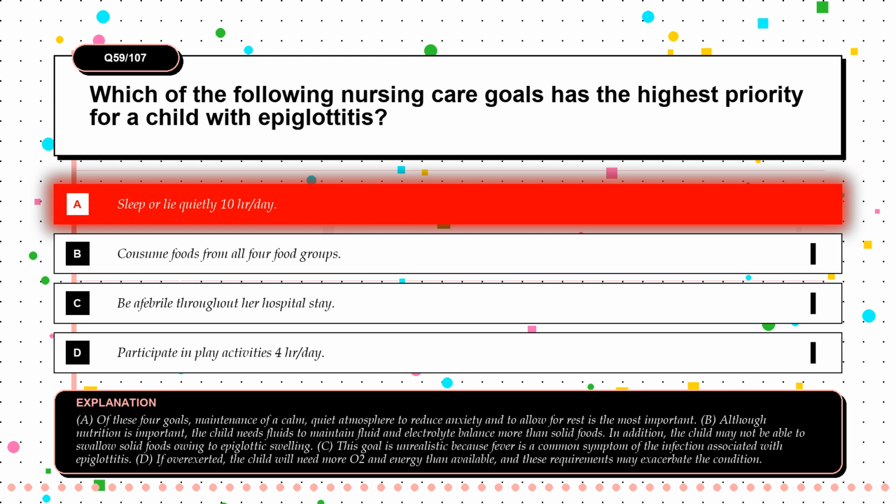In addition, the child may not be able to swallow solid foods owing to epiglottic swelling. This goal is unrealistic because fever is a common symptom of the infection associated with epiglottitis. If overexerted, the child will need more O2 and energy than available, and these requirements may exacerbate the condition.